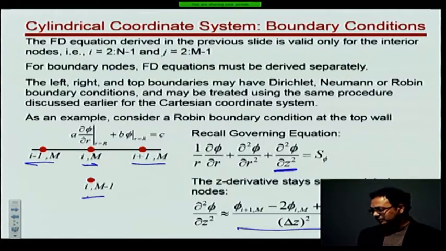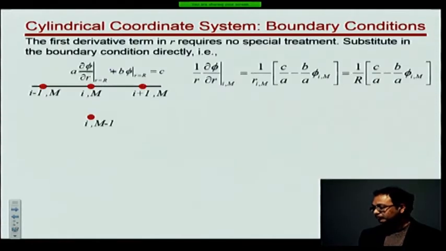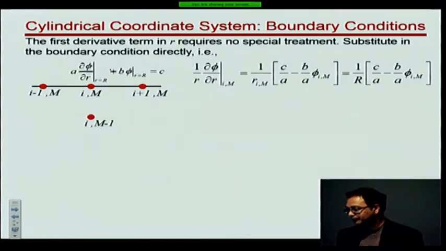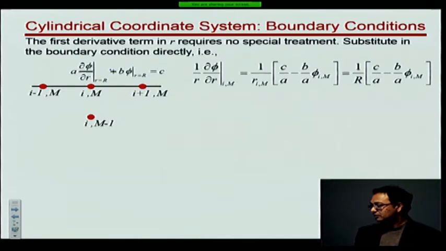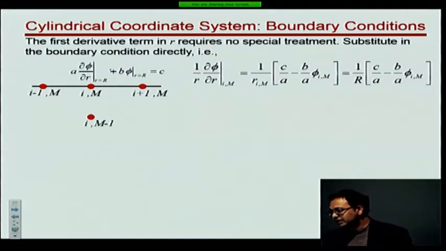Okay, so nothing has changed there. R direction, I'm saying first derivative requires no special treatment. You simply substitute in the boundary condition directly. Because you have this expression, therefore we can say dphi dr is equal to C minus B phi at r equal to capital R divided by A, and that's what I have used here.